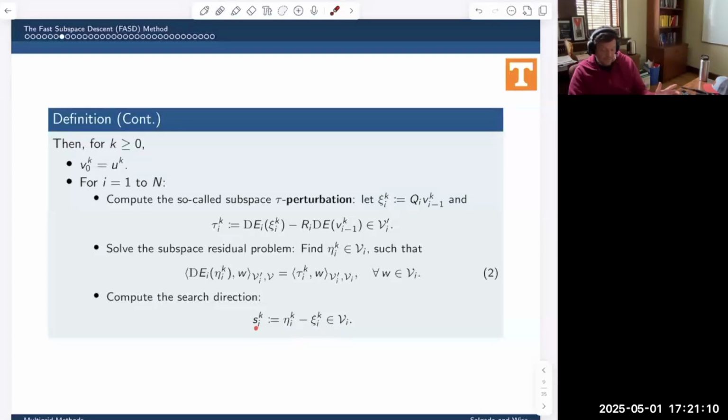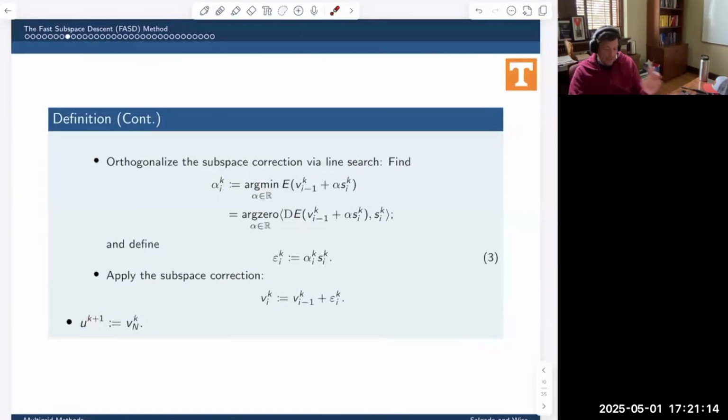That search direction is in VI, and we're going to use that as a direction in which to look for a solution. So we're going to minimize this energy along this direction. This is our previous best guess. We're going to minimize along that. So this is an energy section, precisely an energy section.